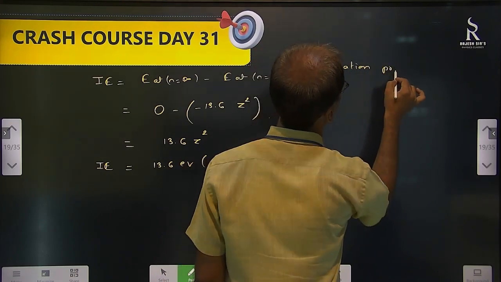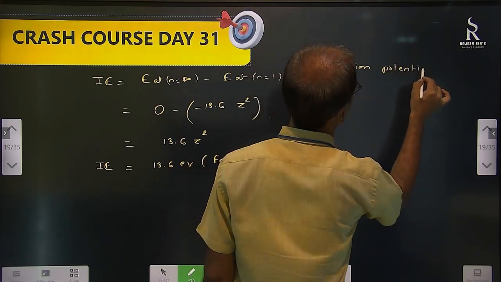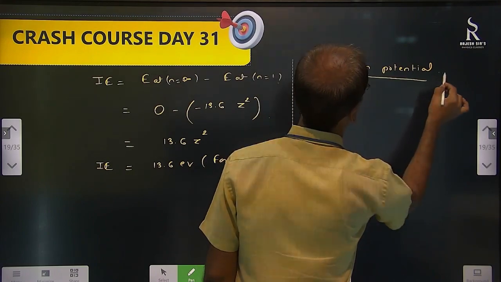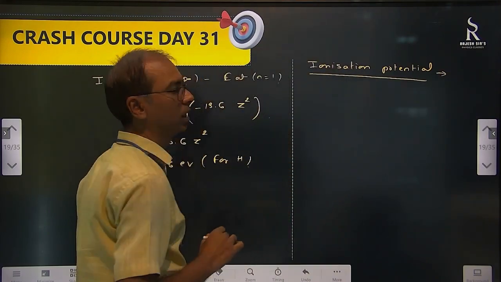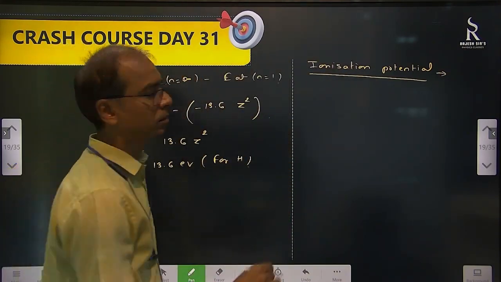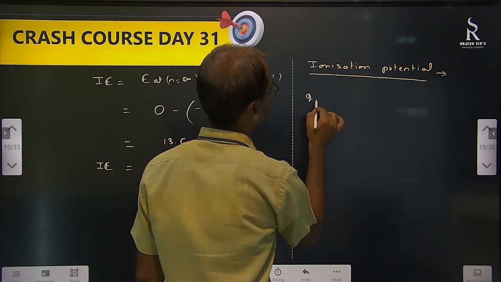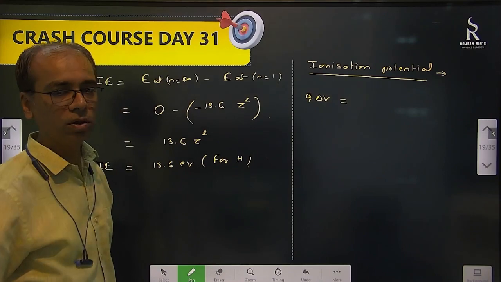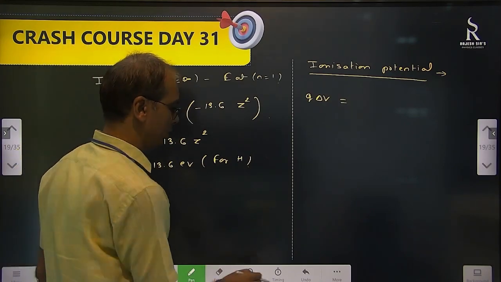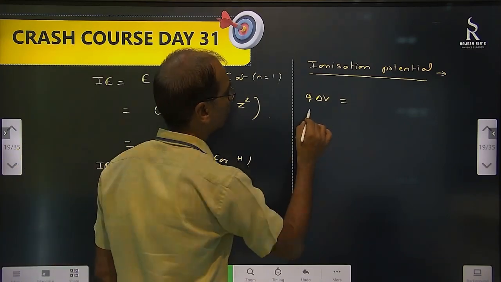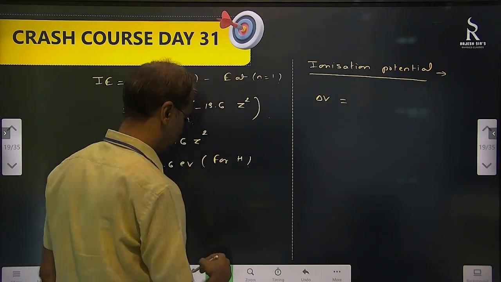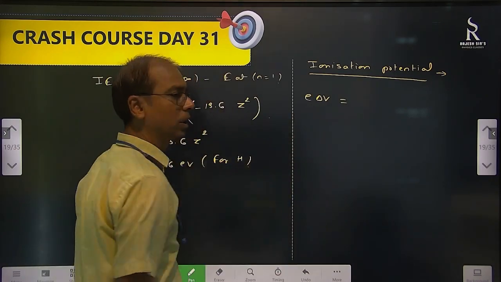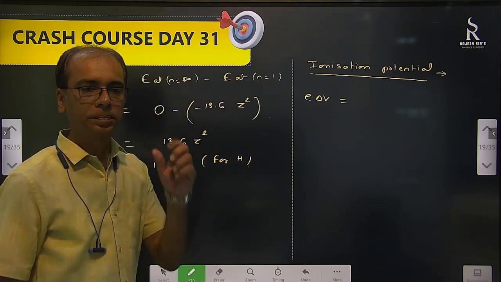Ionization energy I am going to write as Q delta V. So through how much potential difference do we run the electron so that it acquires the ionization energy?